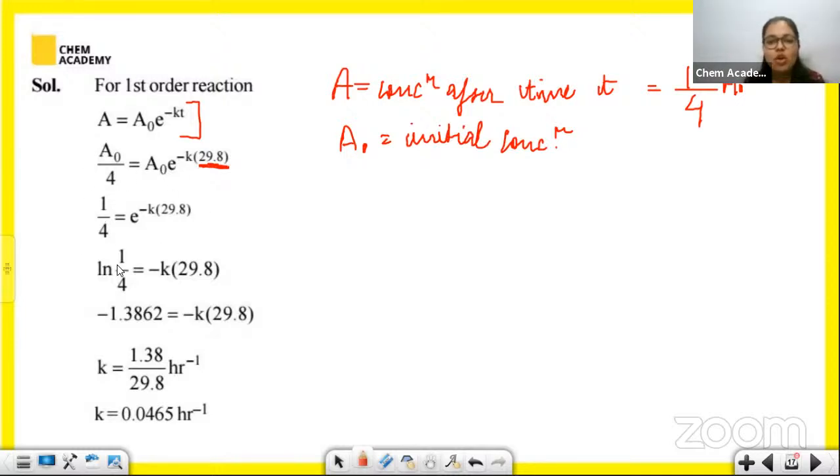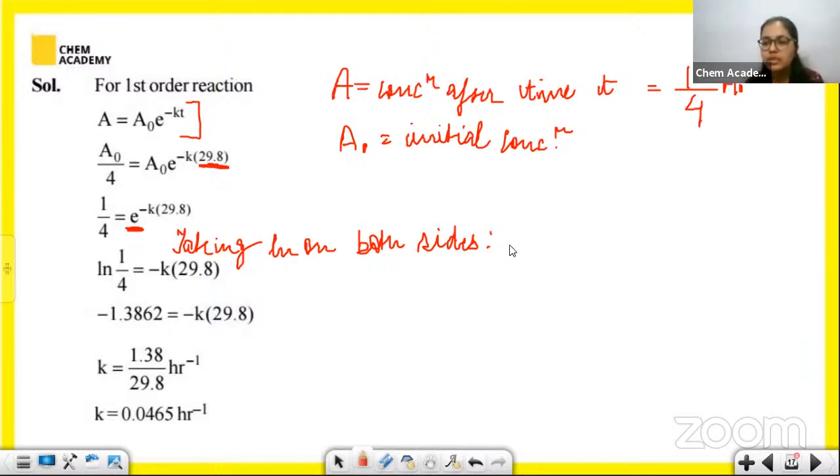On solving this, in order to get rid of e, we will take ln on both sides. On taking ln on both sides, this is what we get here. I told you earlier also that ln can be converted to log.